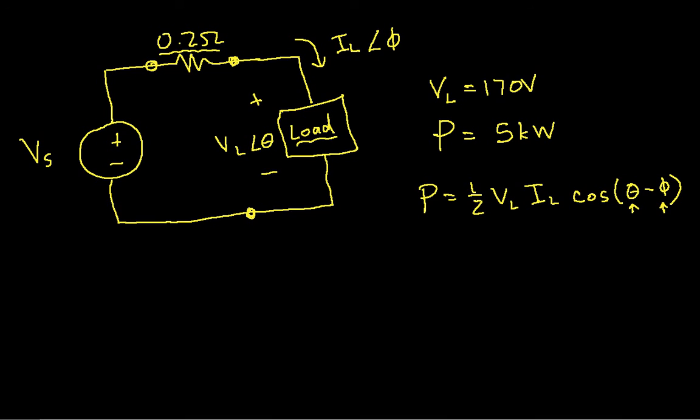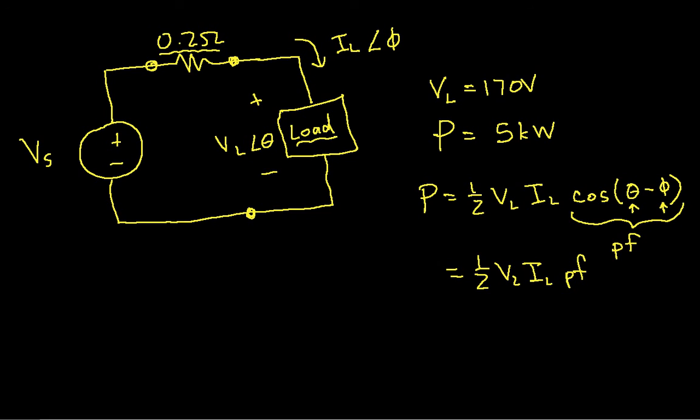So basically this is the cosine of the difference in phases between the voltage and the current. And this whole cosine of the phase differences is the power factor, which we denote as PF. Okay, so another way of writing this would be 1/2 VL IL PF.